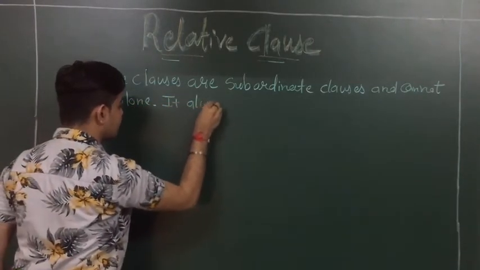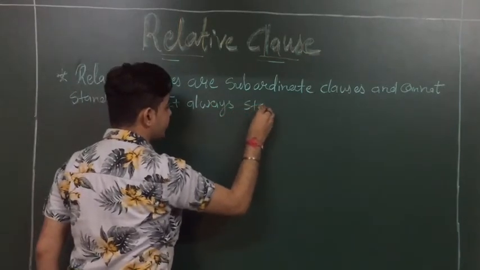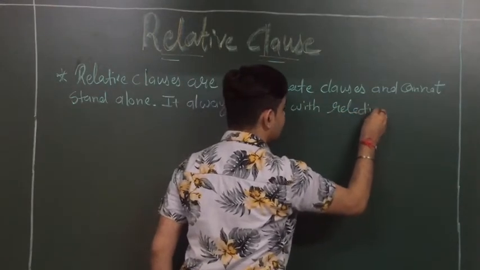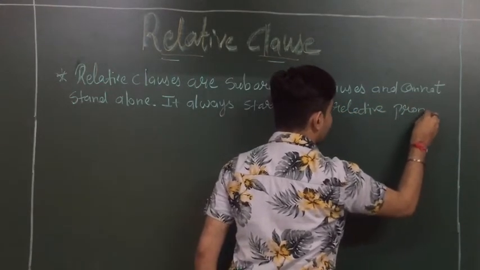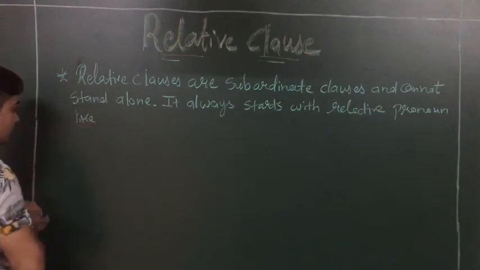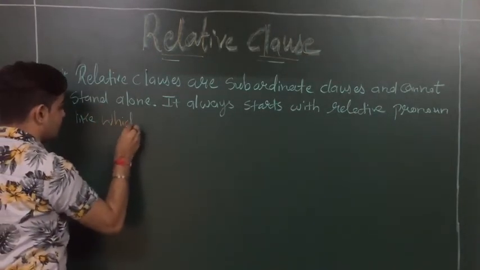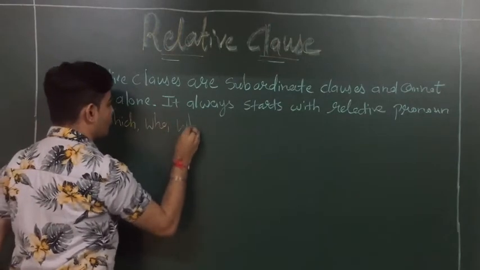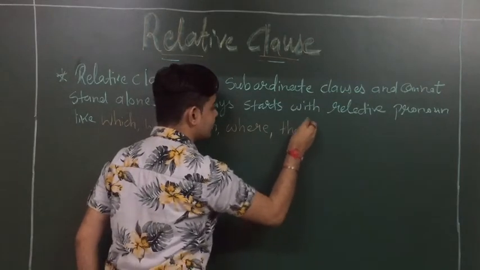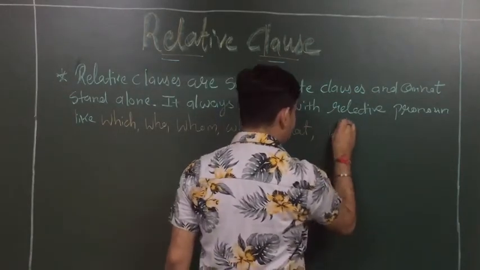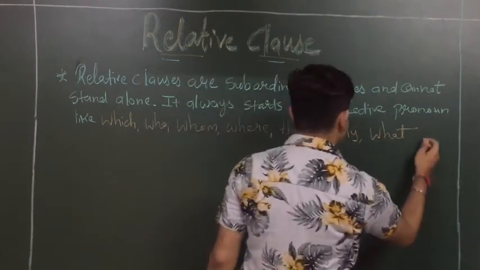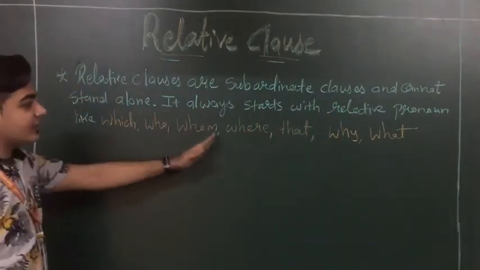It always starts with a relative pronoun like which, who, whom, where, that, why, what. ठीक है, these are known as relative pronouns.